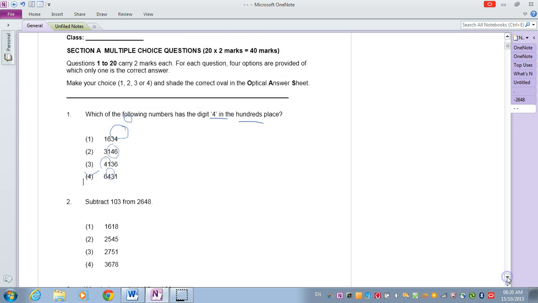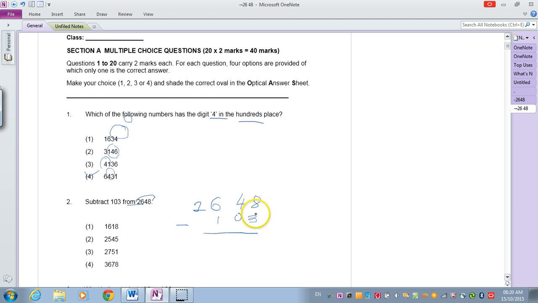Now, question 2, subtract 103 from 2648. So you subtract from 2648. So let's do our working. 2648, subtract 103.